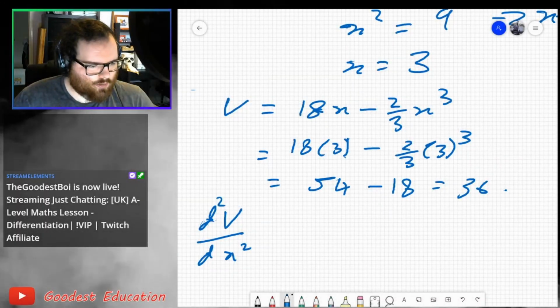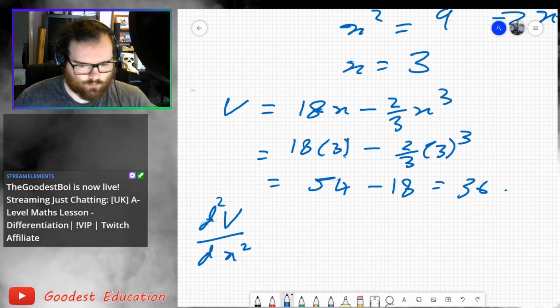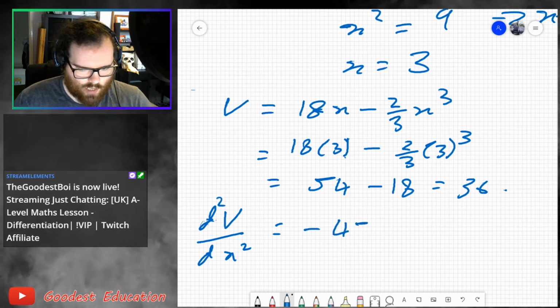So we want d²V/dx², which is equal to minus 4x.